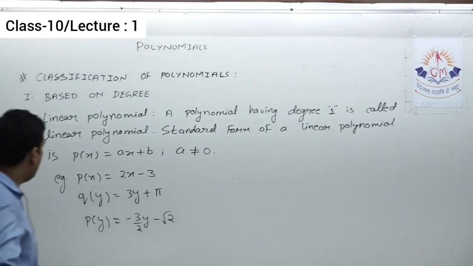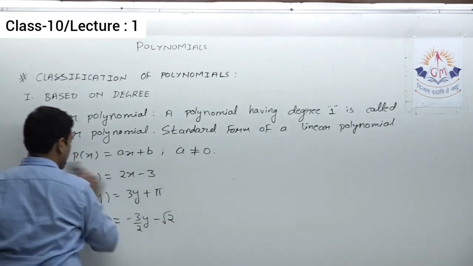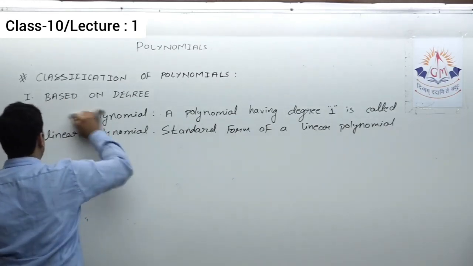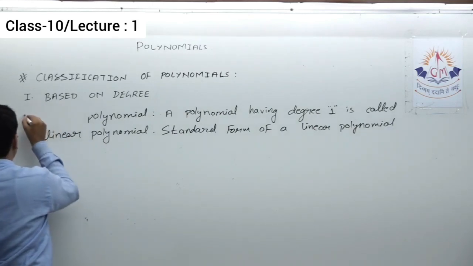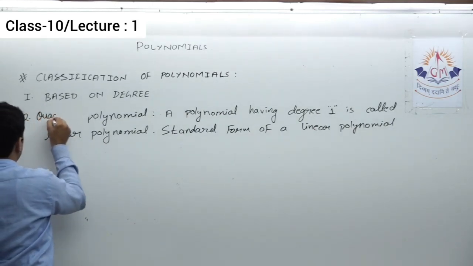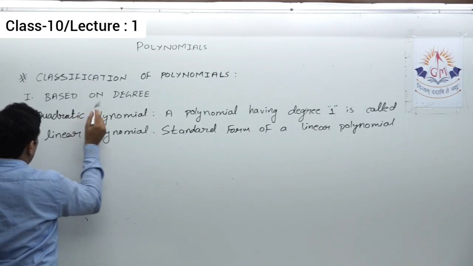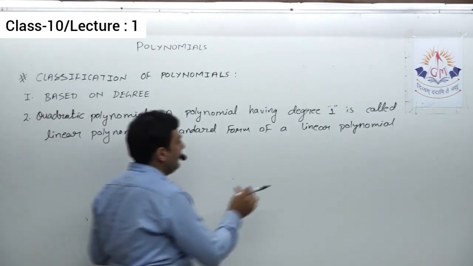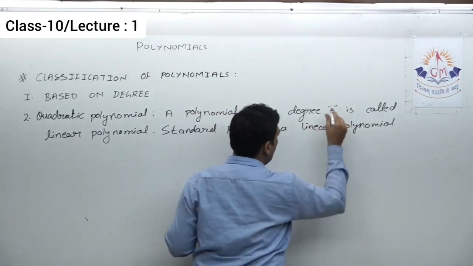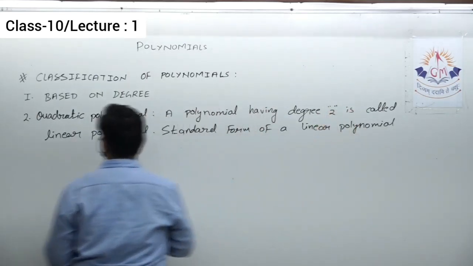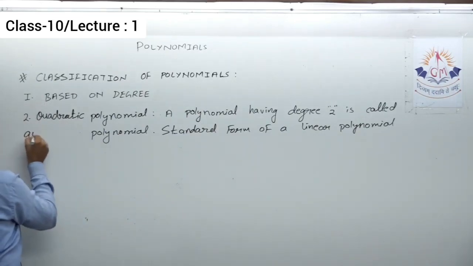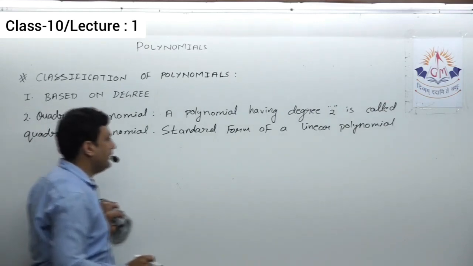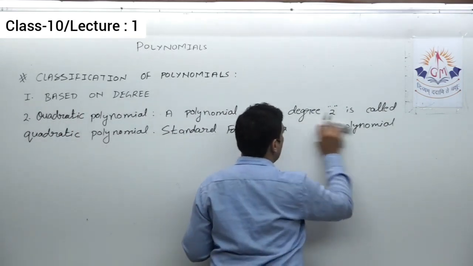Okay, now next is quadratic polynomial. Second one is quadratic polynomial. A polynomial having degree 2 is called a quadratic polynomial.